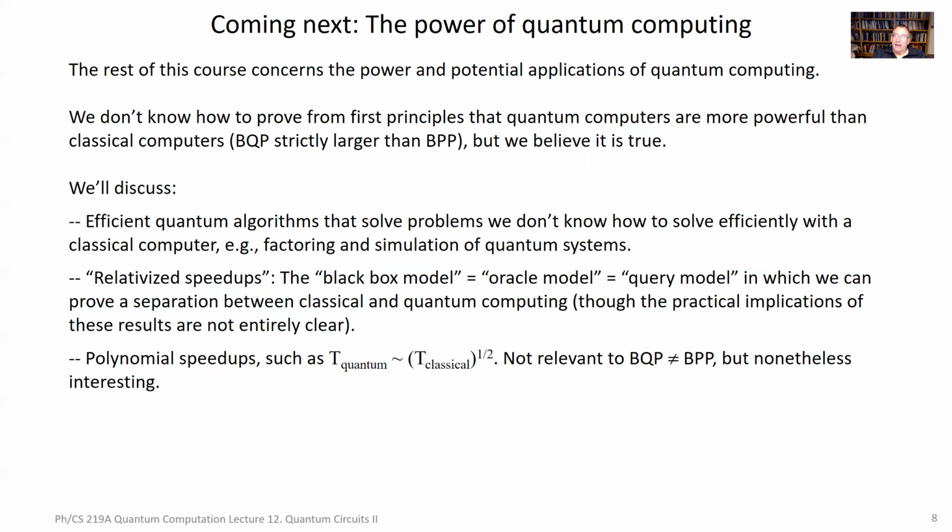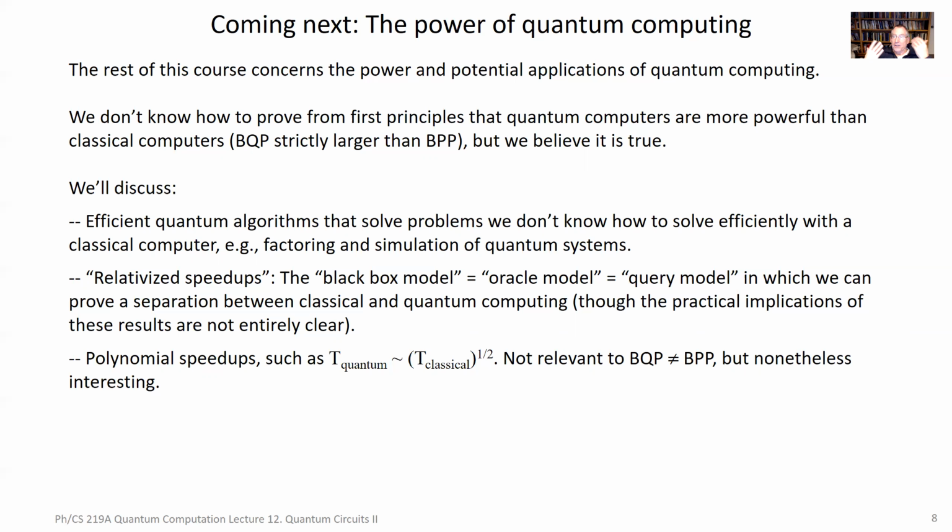In that context, we can make statements about a separation in that query complexity, the number of calls to the subroutine, between quantum and classical methods. And it's also interesting to make statements about polynomial speedups. That's not directly relevant to the question of BQP not equal to BPP, which says that there's a super polynomial separation, that there are things we can solve in quantum polynomial time that we can't solve in randomized classical polynomial time.